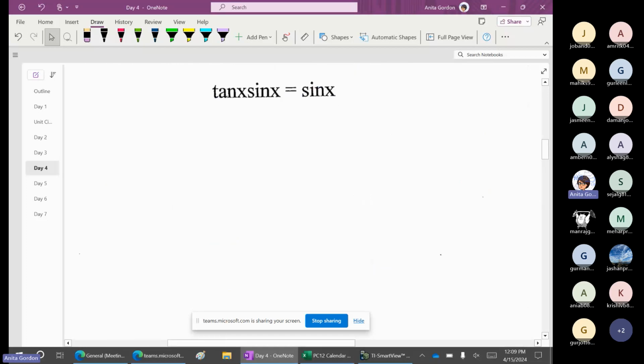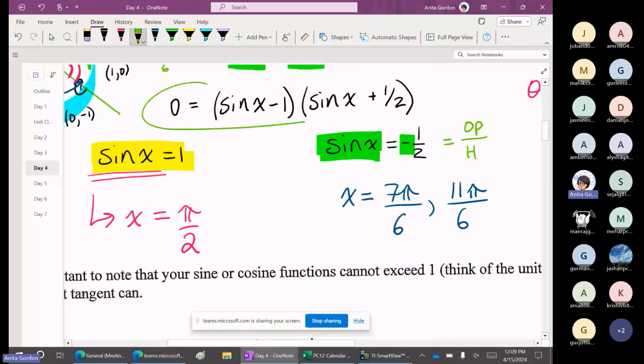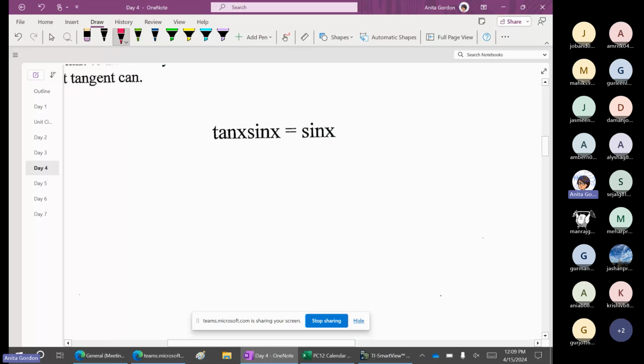I want a factored equation that equals 0. Okay, so I want it to look like this. Factored and equal to 0. What would my first step be here? Move it over to the other side. Good. So I'm going to minus sine x from both sides.